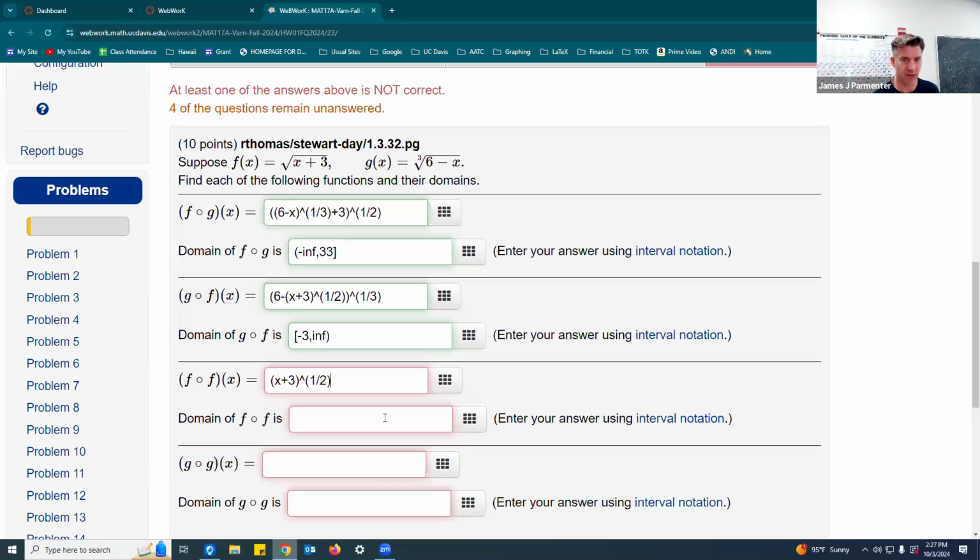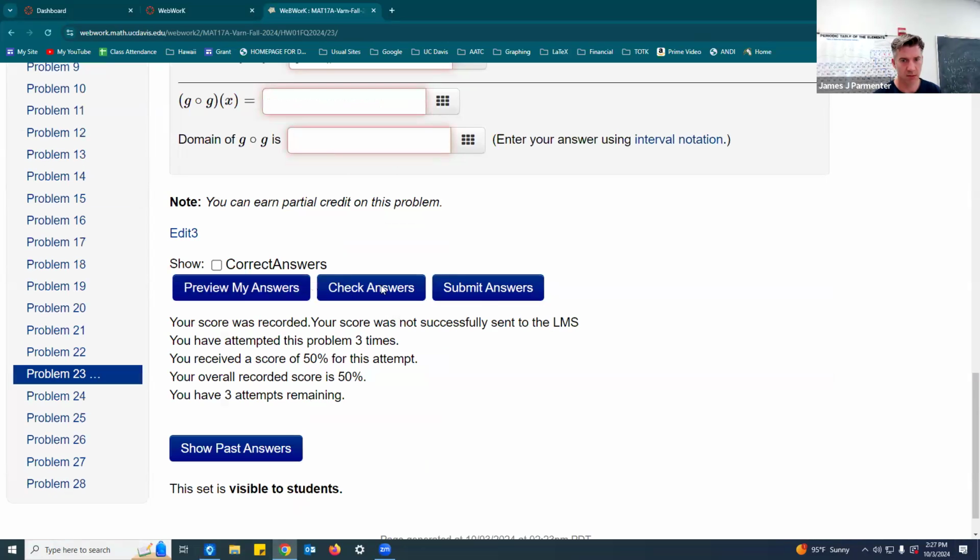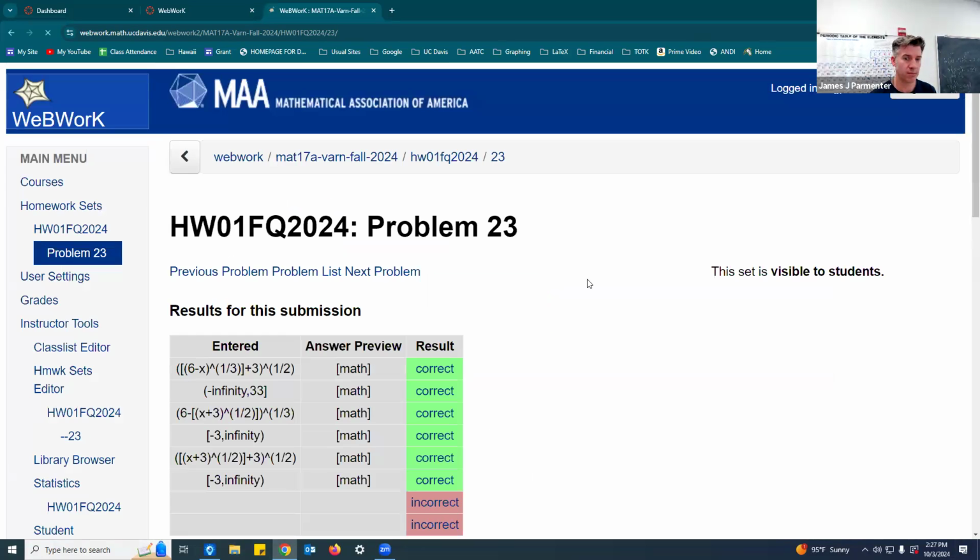So I have all that plus 3 and then all of that. So I need a left parenthesis and a right parenthesis raised to the 1/2 power. And then we said the domain was the same as this one. So let's just copy it, paste it, make life easy. We're good.